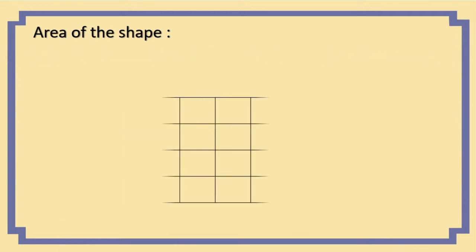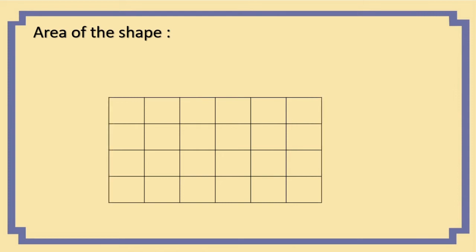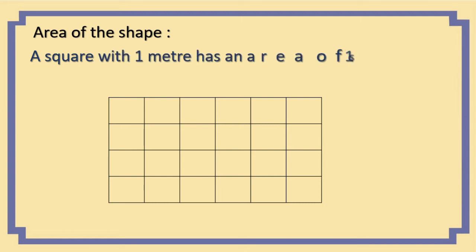Now see here one more shape. This is also rectangular in shape. Okay, and we know that a square with 1 meter has an area of 1 square meter. See dear children, here we have taken meter. Earlier there was centimeter.